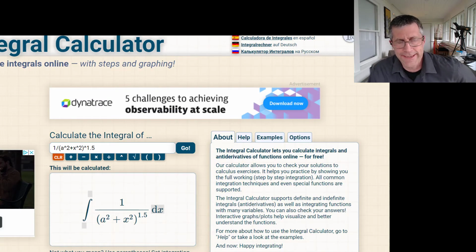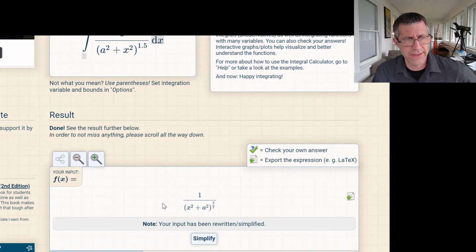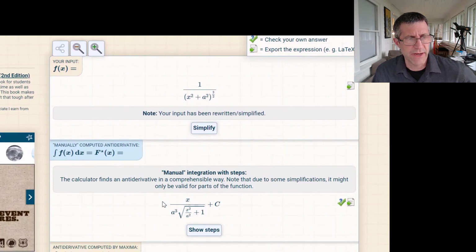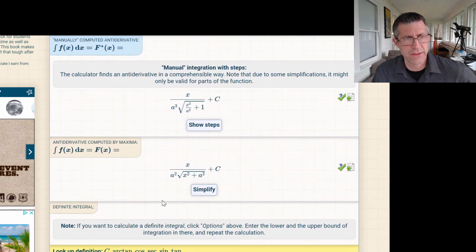Okay, so I went offline and went to my favorite, integralcalculator.com, and I typed in this. Notice in this calculator, x is the variable, whereas in our equation, y was the variable, but we'll figure it out. I raised it to the power of 1.5, hit the go button, and it comes back with the antiderivative.